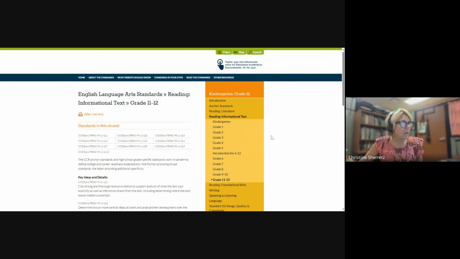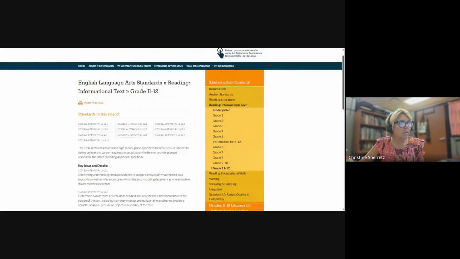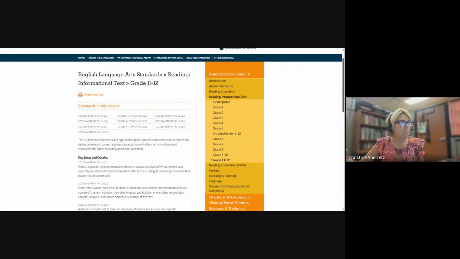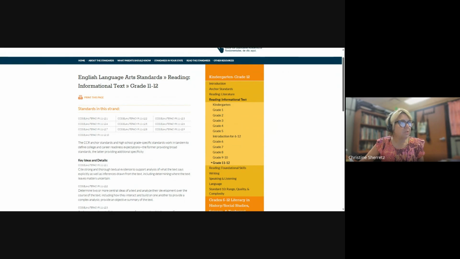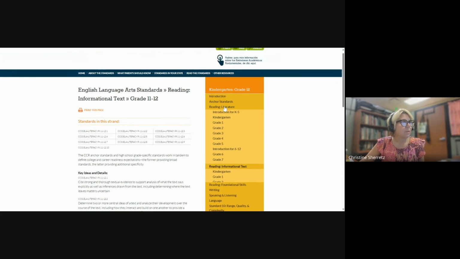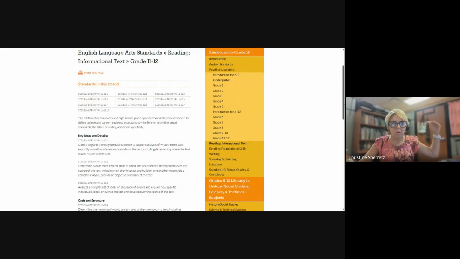So when you think about reading in Florida, or if you're using Common Core or even Florida Best Standards, for comprehension, you have literary standards, and then you have standards for informational text. And so those literary standards are divided into, when we think about comprehension, key ideas and details.